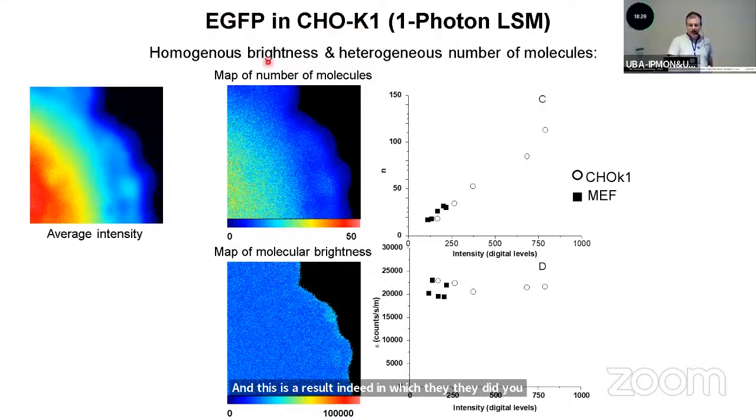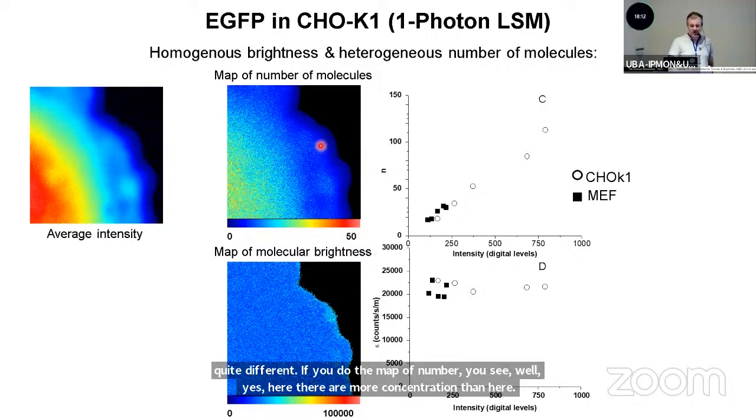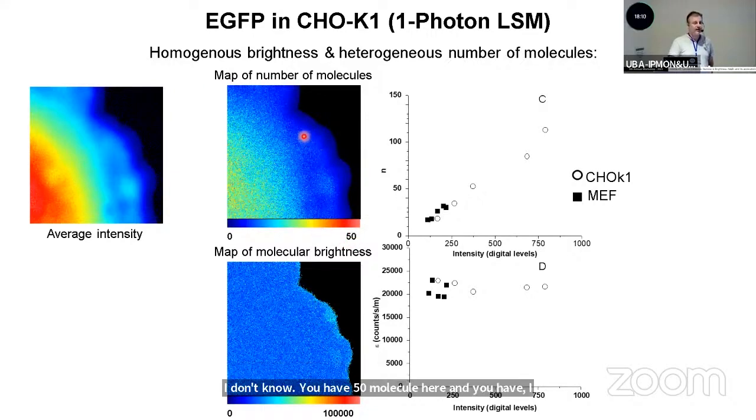And this is a result in which they measured the fluctuation of EGFP in CHO cells. And you see that the distribution of the fluorescent protein is different, right? The amount of fluorescence that you have here or here is quite different. If you do the map of number, you see, well, yes, there is more concentration here than here. I don't know, you have 50 molecules here and a few molecules here, right? But if you do the molecular brightness, the cell is flat, because EGFP is usually monomer in cells.